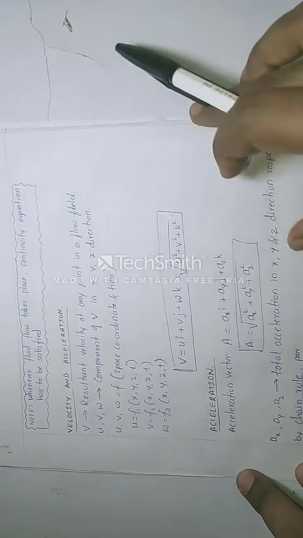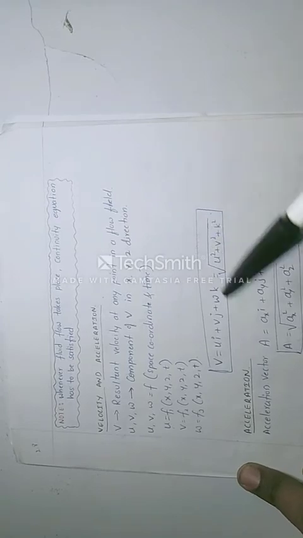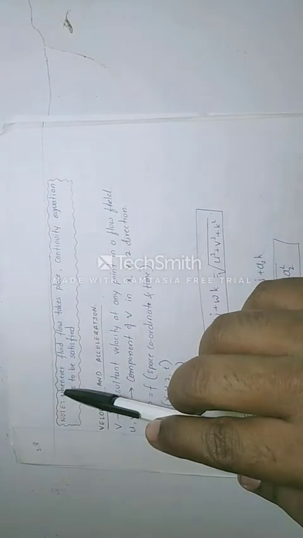The continuity equation is very important from the examination point of view. A very important note here is that whenever fluid flow takes place, the continuity equation has to be satisfied. You have to remember this. Even in problems they'll ask whether the fluid flow is possible or not.